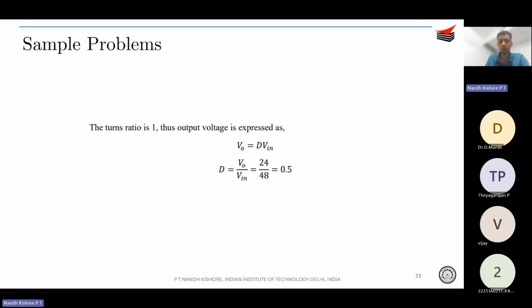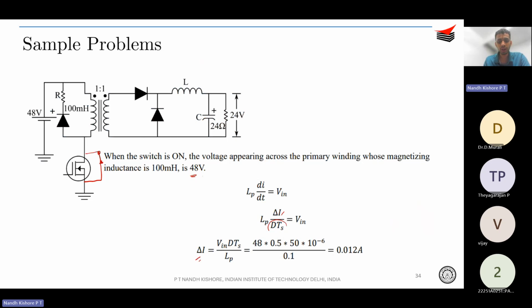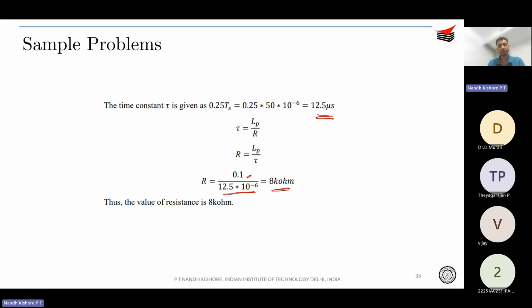But anyway, you know how to find out what is delta I if they ask about the current ripple. The question was just regarding what is the resistance. Therefore, this is straightforward. Tau is equal to L by R, and the time constant is 12.5 microseconds. So from that, you find out what is R, right?